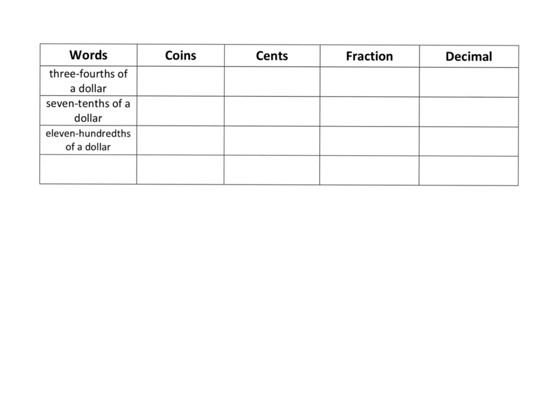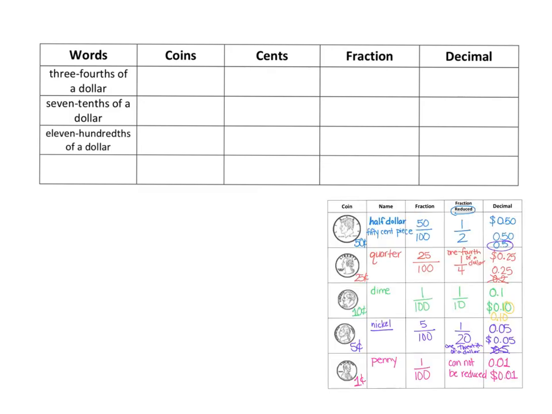We want to think about money, 3/4. So think back, which of our coins could use fourths? We can see here that fourths has to do with quarters. So when we talk about coins, we're going to be thinking about quarters. We're going to write the word quarter here.